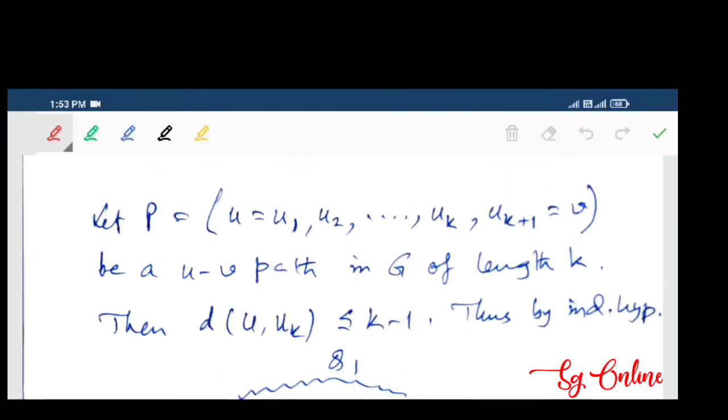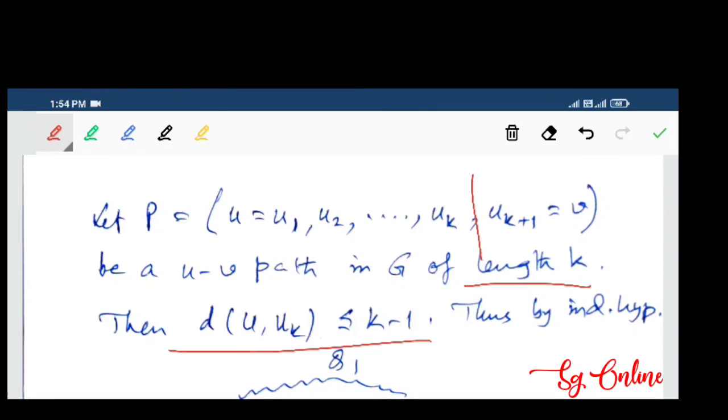Now first, if we make the end of the path at uk, then since the length of the path from u to v is k, the distance between u and uk along the path is k minus 1. So obviously the distance between u and uk is less than or equal to k minus 1.